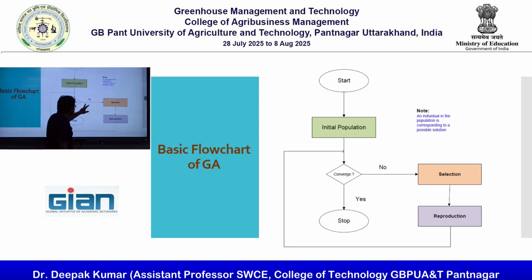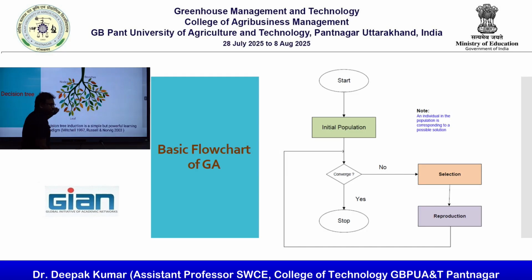If not, you have to select and reproduce, as you have seen how I reproduce a new number. After reproduction it goes into the loop again and checks whether the solution is optimal. If it is, it stops; otherwise it keeps on increasing the new population. In this way the best solution will survive, and the rest of the solutions will be discarded.